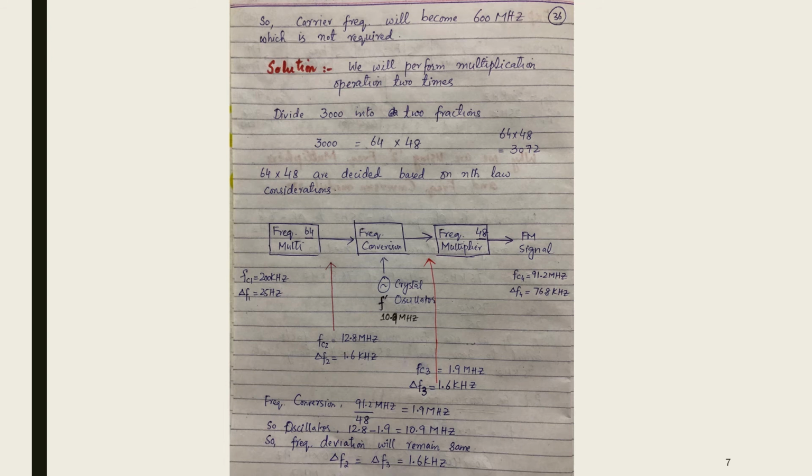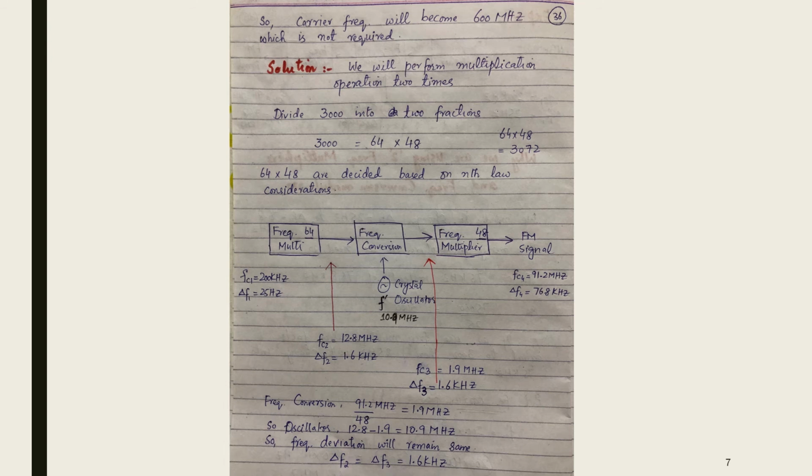So now what will be the current scenario? First, our carrier frequency and frequency deviation will be multiplied with 64. So n1, which is frequency multiplier 1, we are selecting as 64, and n2 is selected as 48.